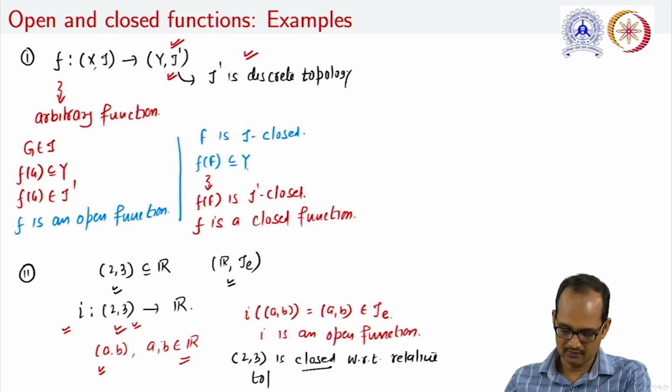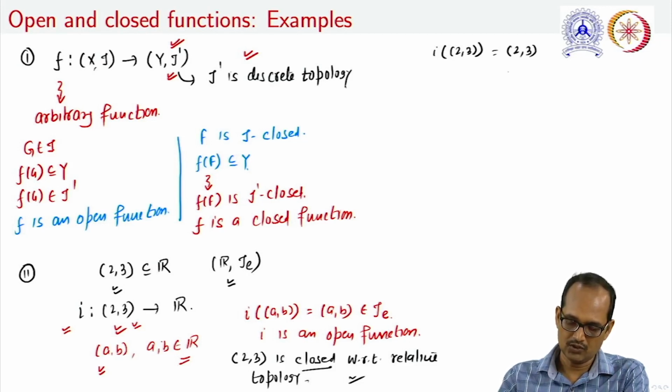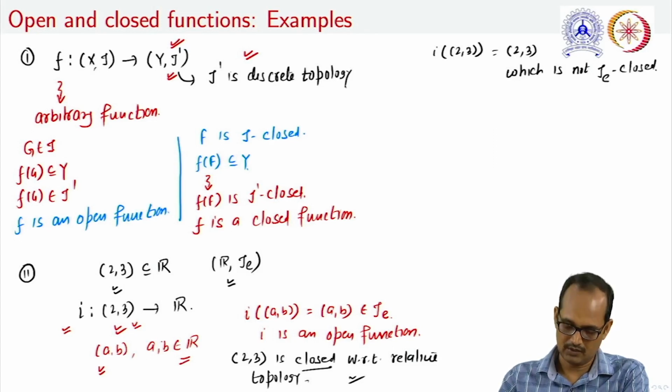But note that if we are finding out its image, that is, the image of this open interval (2, 3), a closed set with respect to relative topology, this will always be this open interval (2, 3), which is not closed, or which is not tau_e closed, that is, not closed with respect to Euclidean topology. Therefore, this inclusion map is not a closed map, or this is not a closed function.